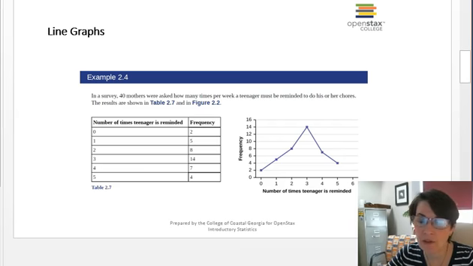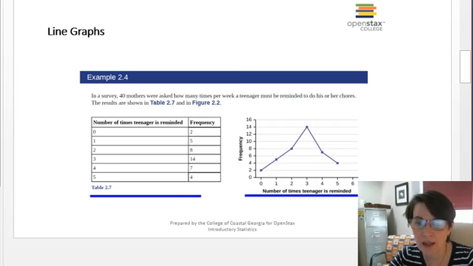A line graph is used a lot, right? It takes the data that you find in this table and it turns it into this type of line graph. Line graphs are used a lot in business, and so understanding how they work is important. Notice the two axes.